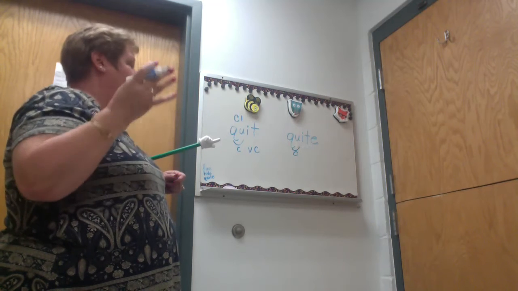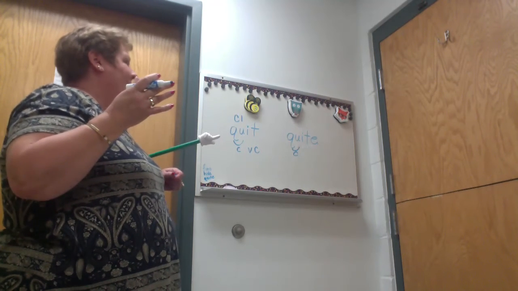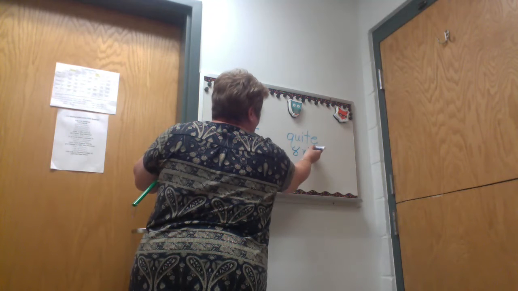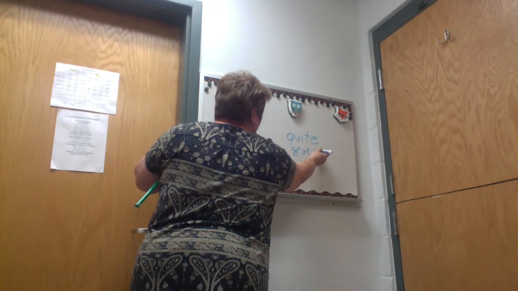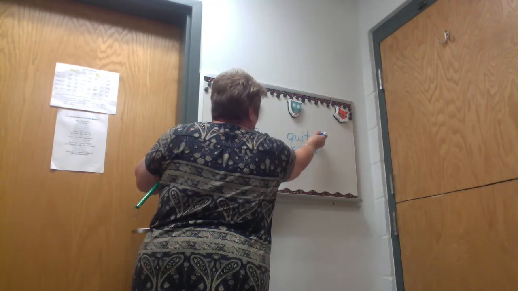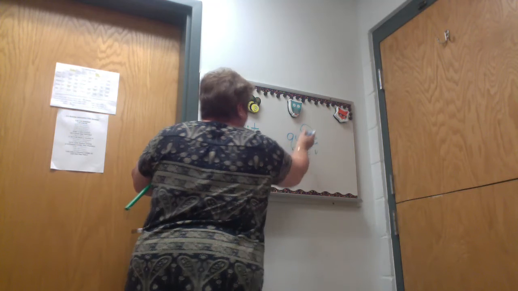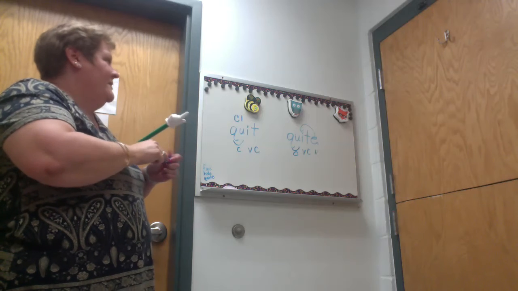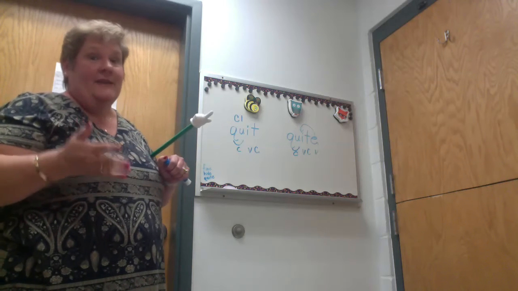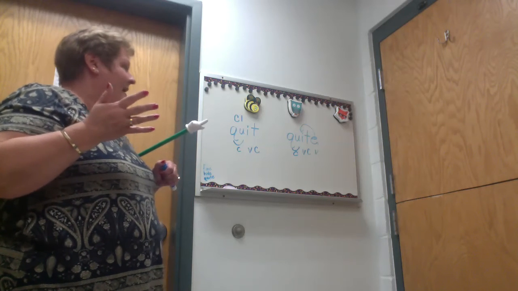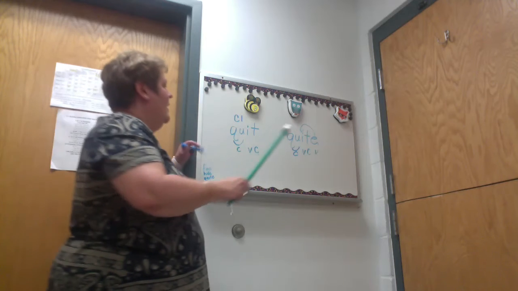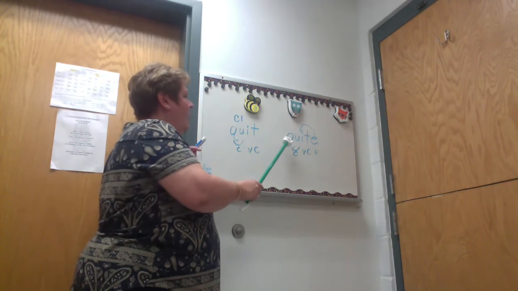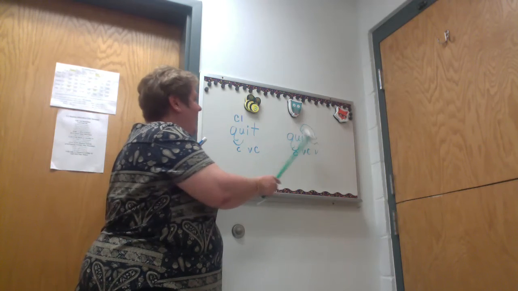The Q is always followed by its best friend, U. And if you look at the vowel, I, and then the consonant T, we also have another vowel that is a silent E that jumps over that consonant. It's magic, and it makes the first vowel say its name. So instead of saying I, its short sound, it's going to say I. So let's read that one. Qua, at, quite. Again, qua, at, quite.